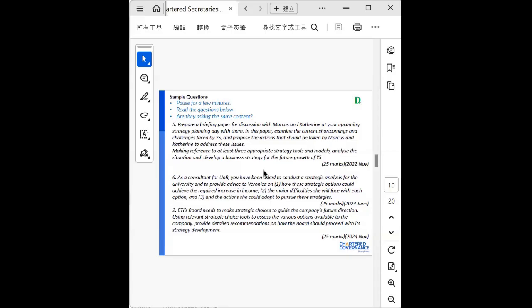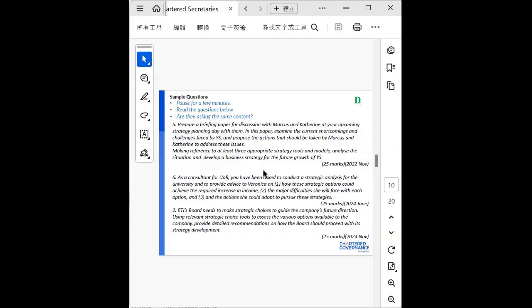But you can see that this question 5 is not a standalone section D question. It's a 25 marks question, but I think some 10 marks will be allocated to section A, which is strategic planning.